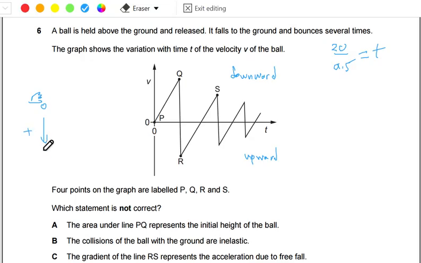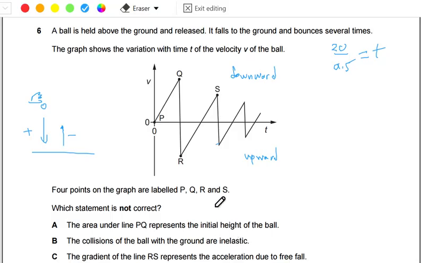This is the positive direction, and it bounces back in the negative direction. So the maximum, either in positive or negative, either downward or upward directions, are decreasing. Okay, so it is inelastic. Gradient of the graph is acceleration.